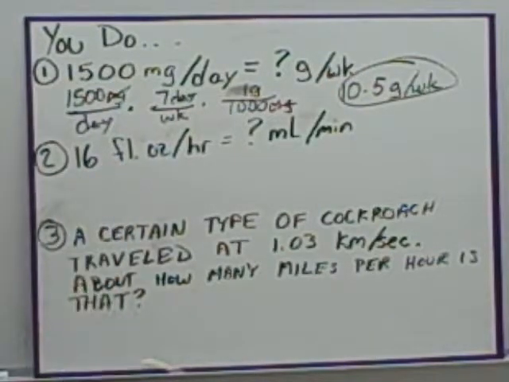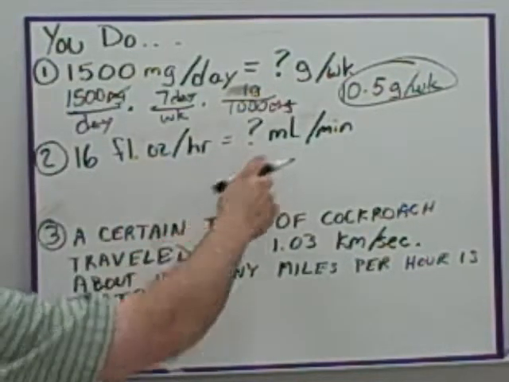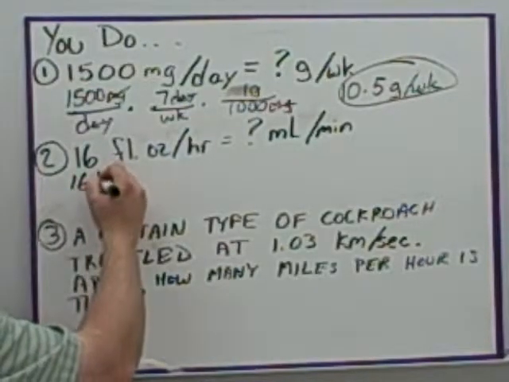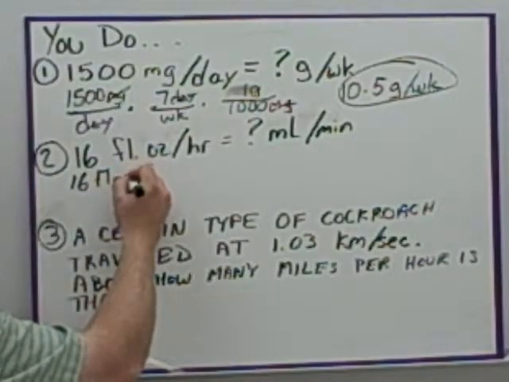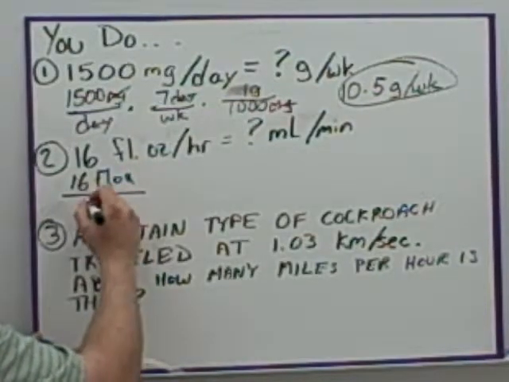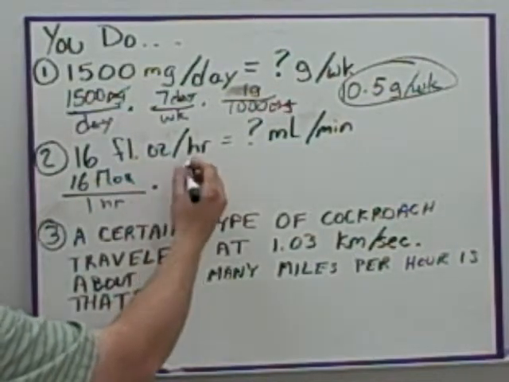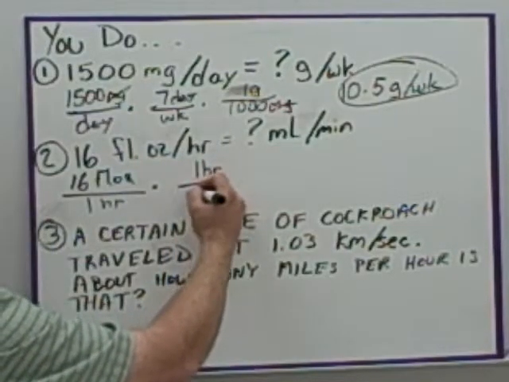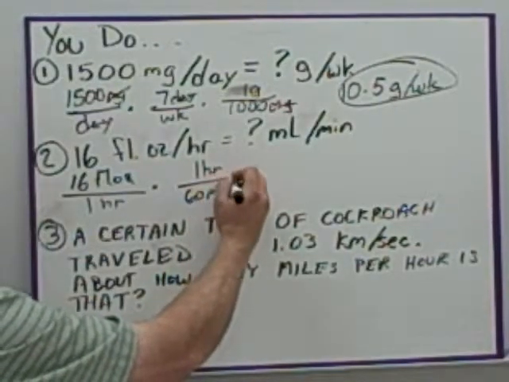Now, 16 fluid ounces. That's what the FL ounce means. Fluid ounces are different than ounces of weight. 16 fluid ounces per hour, we're going to convert that to milliliters per minute. So we have 16 fluid ounces per 1 hour. Convert the hour first to minutes by doing 1 hour over 60 minutes.